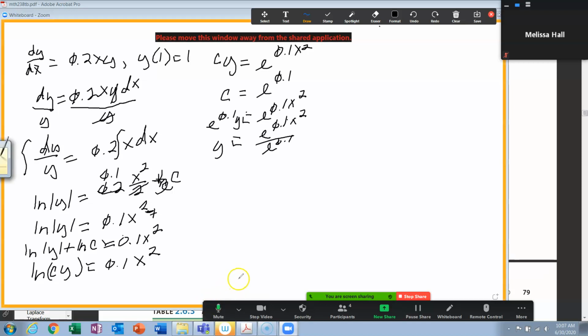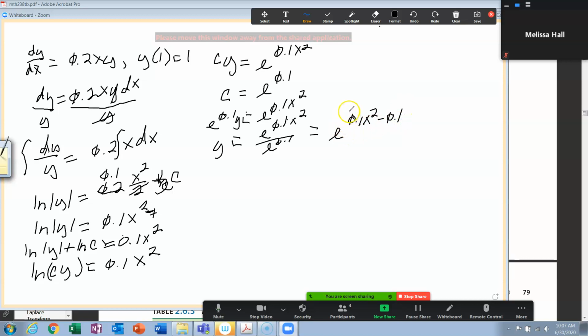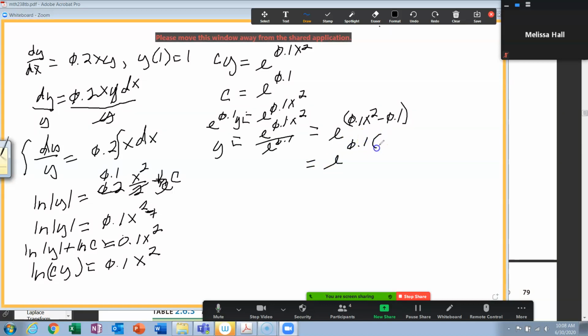This is the same as e to the 0.1 x squared minus 0.1, which they then wrote as e to the 0.1 times x squared minus 1.